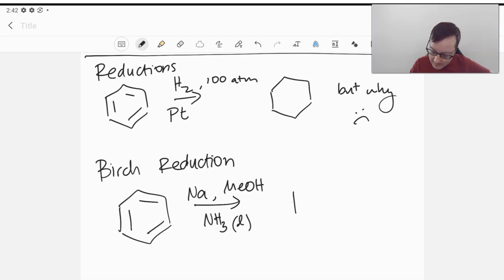And what happens here is we end up removing just one of the double bonds. And we end up with two non-conjugated, two isolated double bonds at opposite sides of what used to be benzene. So we end up with a 1,4-cyclohexadiene, which still has quite good functionality, right?